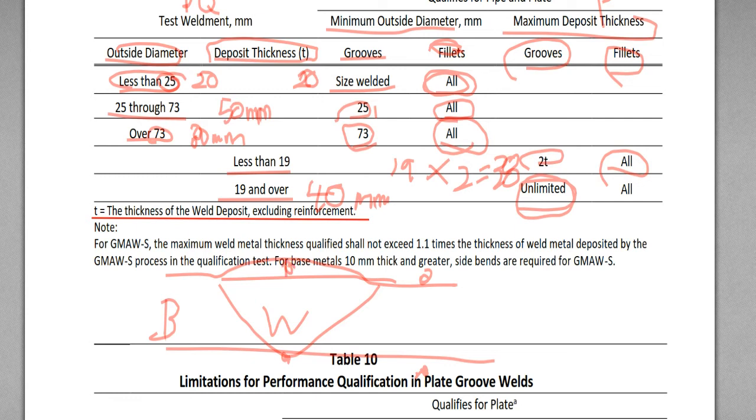This is reinforcement, external reinforcement, and this is internal reinforcement. So without this gray area, only this weld thickness. This is small t.